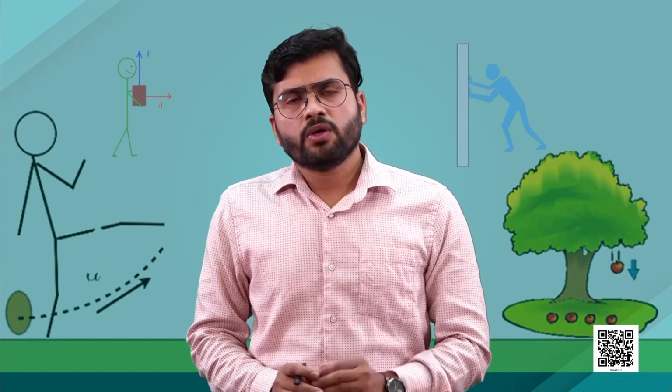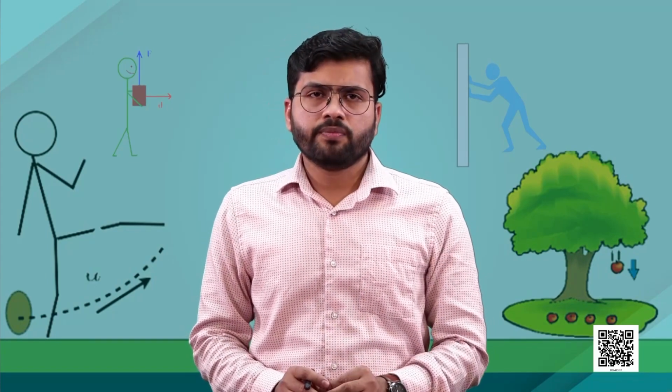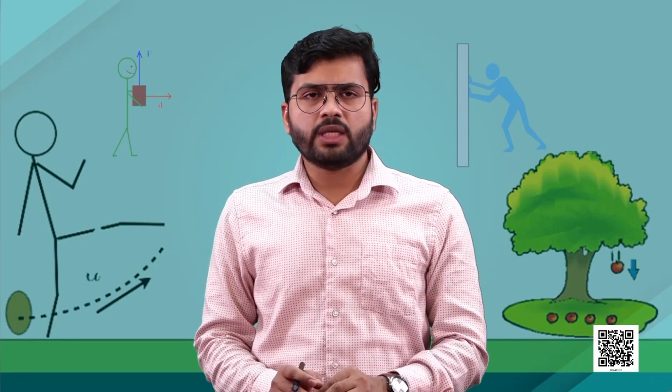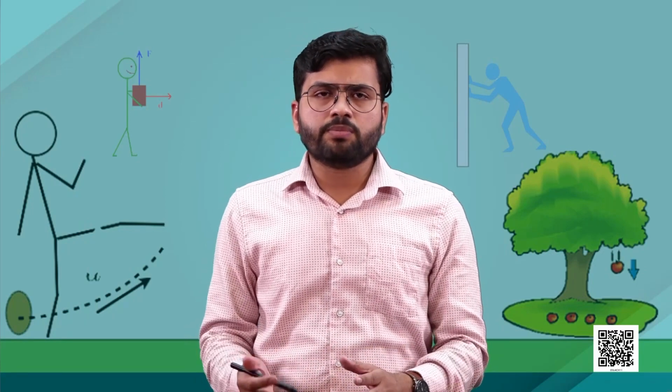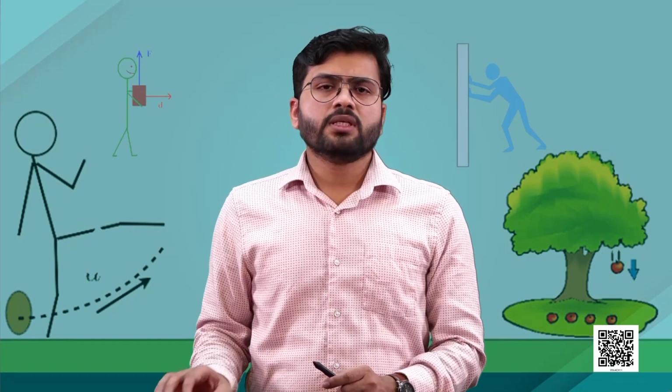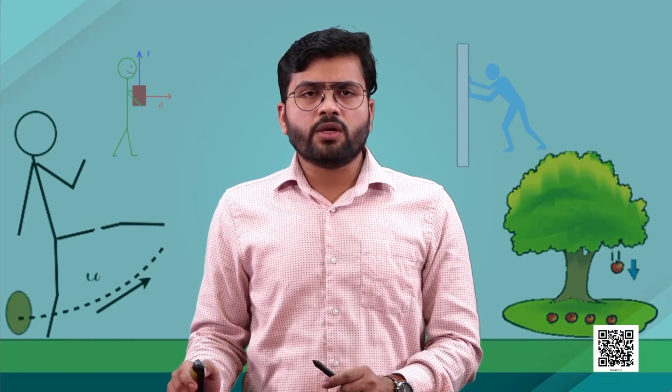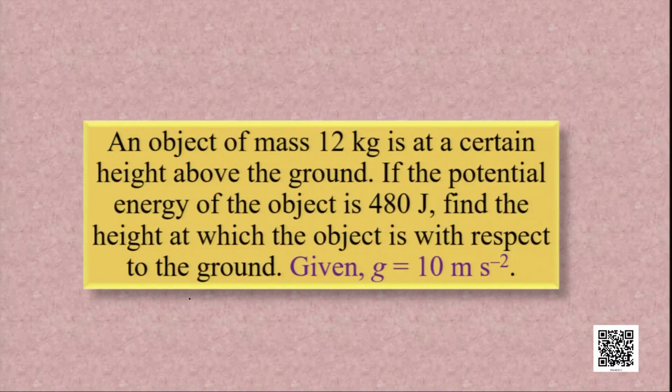Now, dear students, we will take another example, another numerical, so that we can understand this concept, this application with much more clarity. So, here is the question in front of you. An object of mass 12 kg is at a certain height above the ground. If the potential energy of the object is 480 joule, find the height at which the object is with respect to the ground.